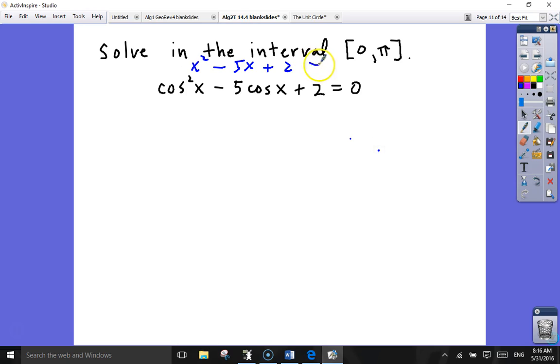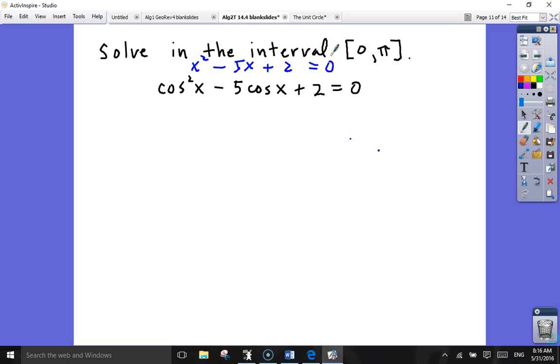If you had an equation like that, then you'd have to think, okay, how could I solve that? Is it factorable? No. Are there factors of 2 that add up to negative 5? No. So it's not factorable. So what do you have to use then? The quadratic formula, right?